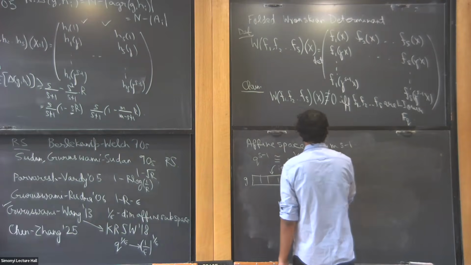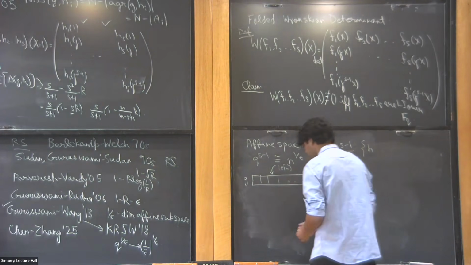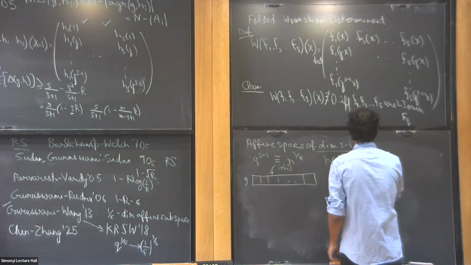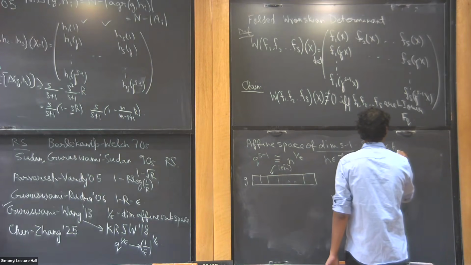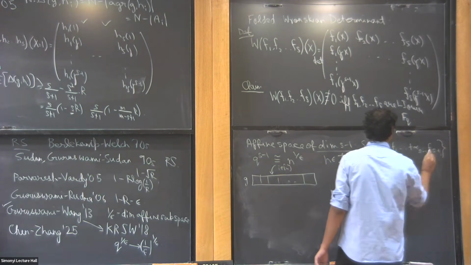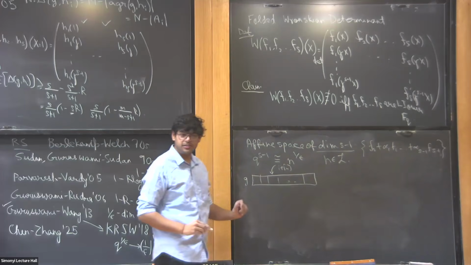So what does this look like? It looks like this, and I'm supposed to figure out the values of alpha 1 through alpha s minus 1.